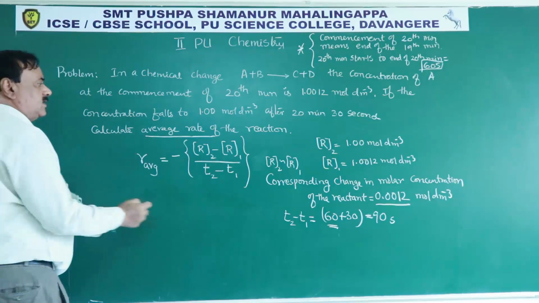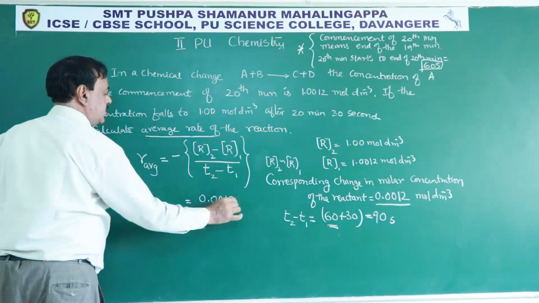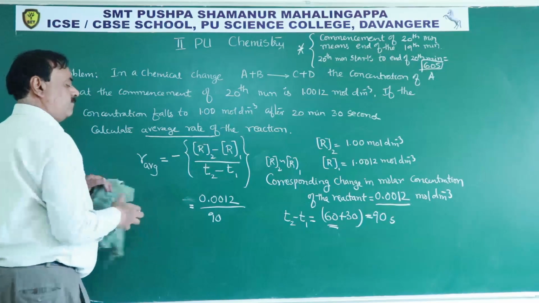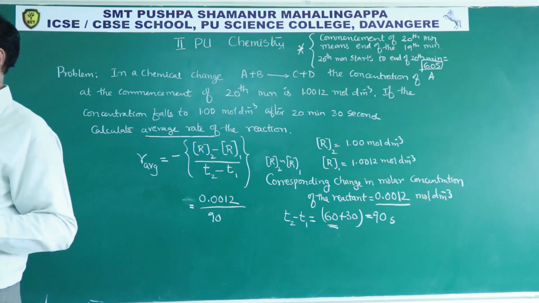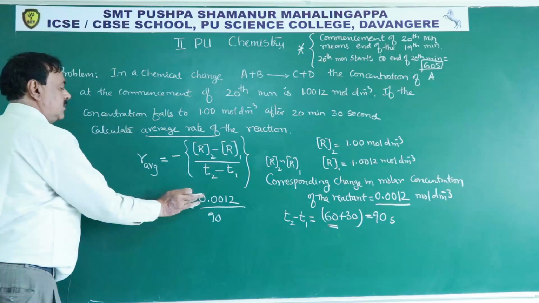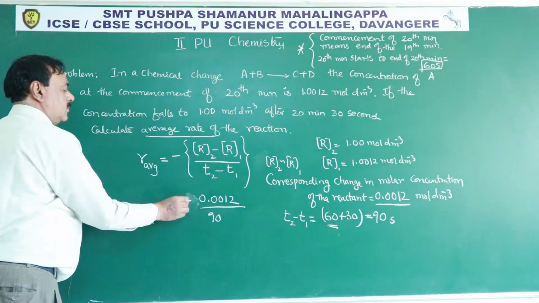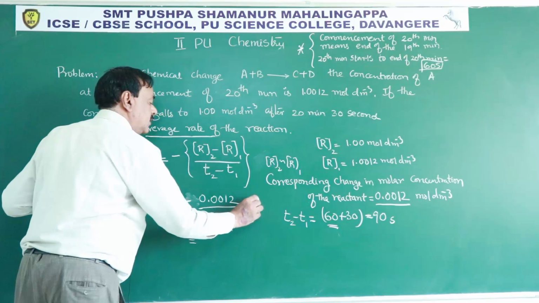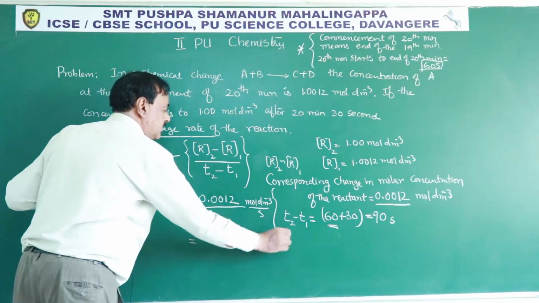Then substitute these values: 0.0012 divided by 90. That seems to be how much? This is a minus value, in terms of moles per cubic decimeter per second.